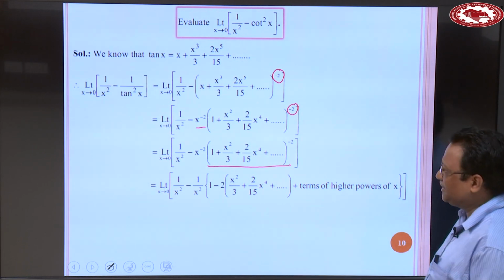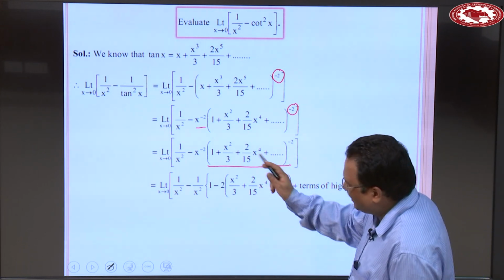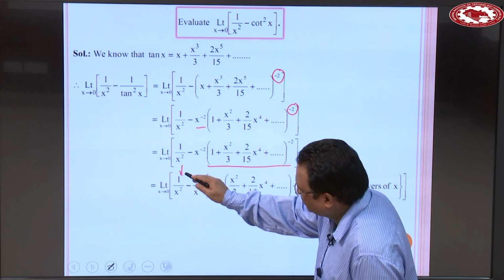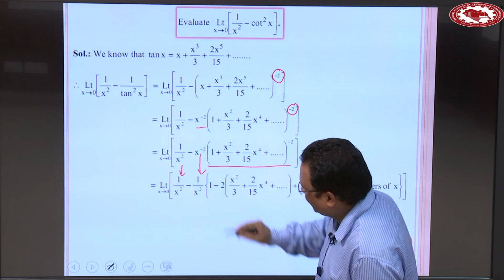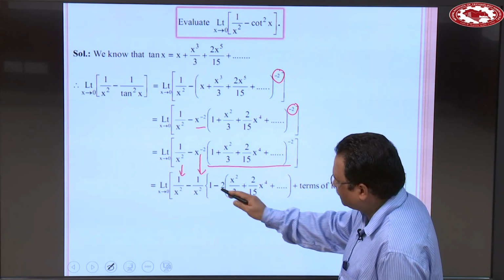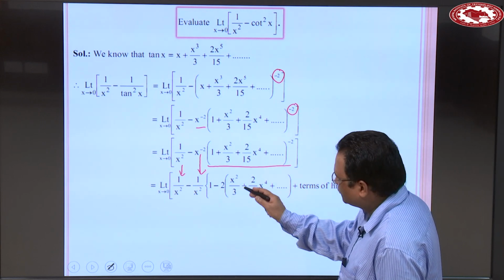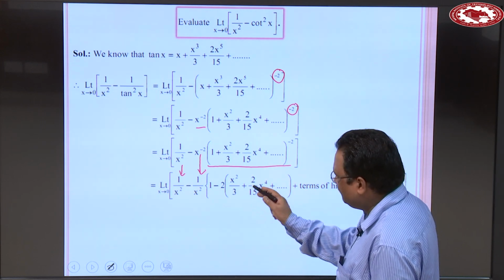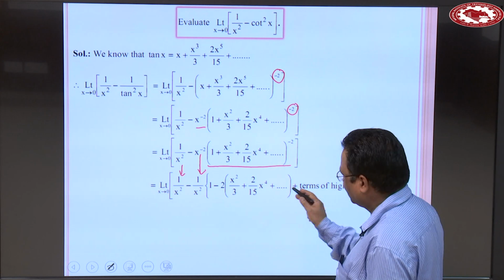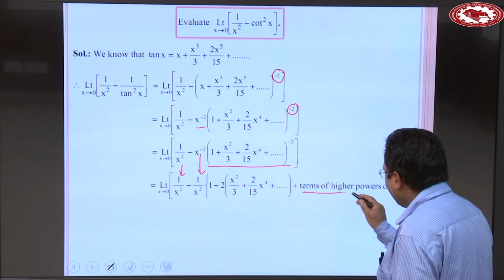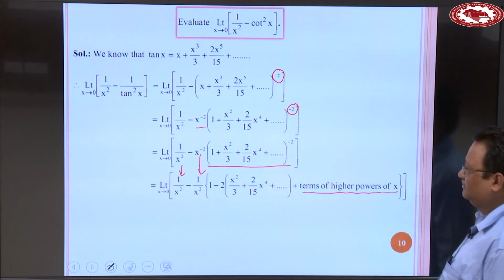When we apply binomial expansion, x to the power minus 2 stays as it is, and this term is 1 minus 2 times x square over 3 plus 2 over 15 x to the 4 plus and so on, plus terms of higher powers of x.